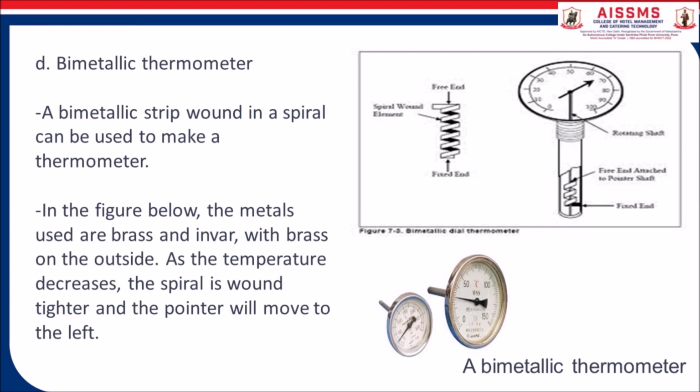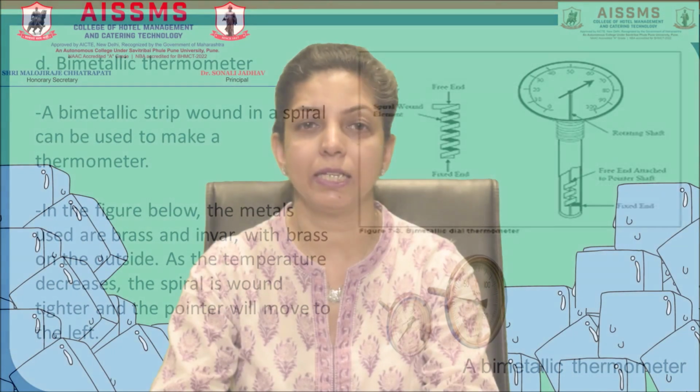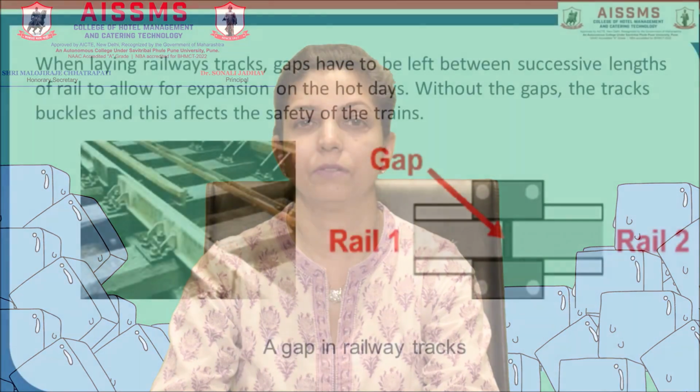The metals used are brass and invar, with brass on the outside, and as the temperature decreases, the spiral is wound tighter and the pointer will move towards the left. For better understanding, please have a look at this image representing a bimetallic thermometer. Its application can be seen in everyday use.